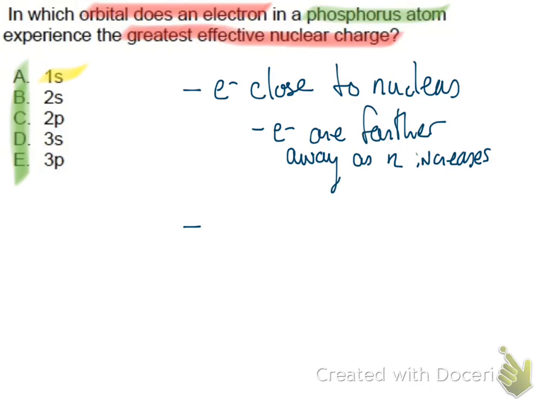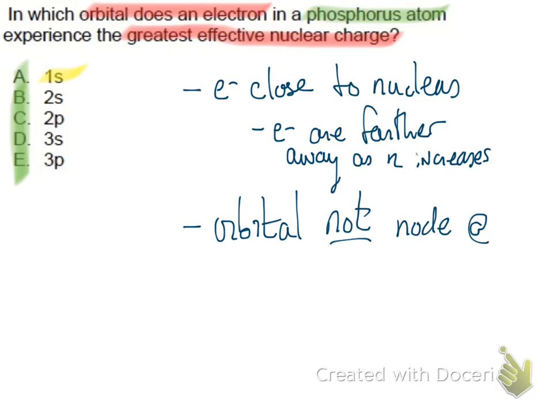The other one is that the orbital needs to not have a node at the nucleus. Alright, so how do we think about what does not have a node? Well, we can think about the properties of orbitals that we've discussed.